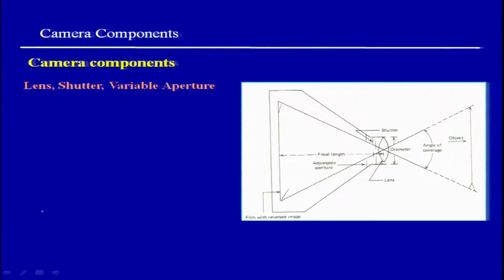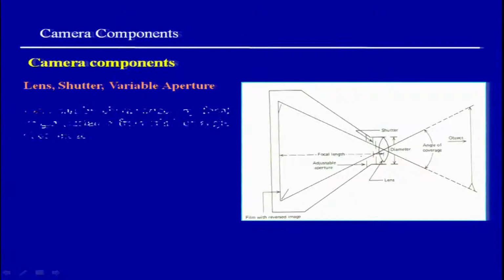Here we have the lens, which has been shown, and depending on the diameter and all that, in the previous lecture we were talking about whether it is wide angle or narrow. So this will depend on that, and of course the focal length. This is important here.